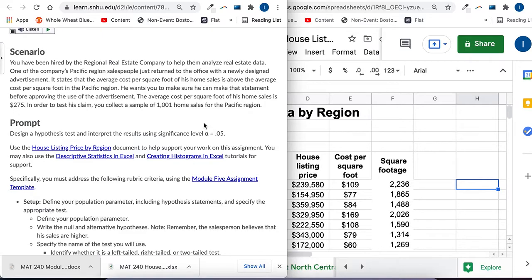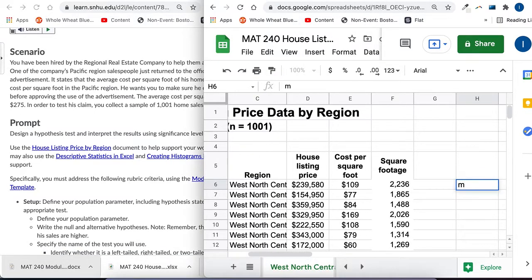So if I'm doing a hypothesis test and my goal is to test a claim and say that my sales are above average, then my alternative hypothesis is that my mean, which represents my average, is greater than, well, it depends on what the actual population mean is.